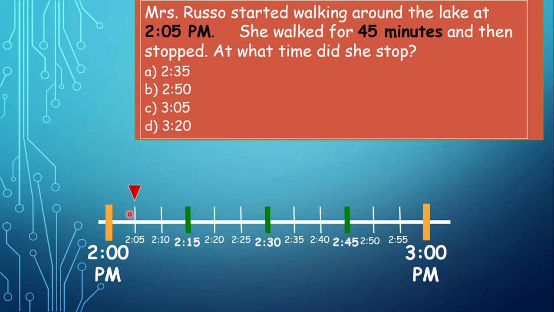So you are going to jump 45. You know that each one is 5 minutes, right? So 5, 10, 15, 20, 25, 30, 35, 40, 45, and there you will put a point. So where did it stop? What time did she stop? She stopped at 2:50.